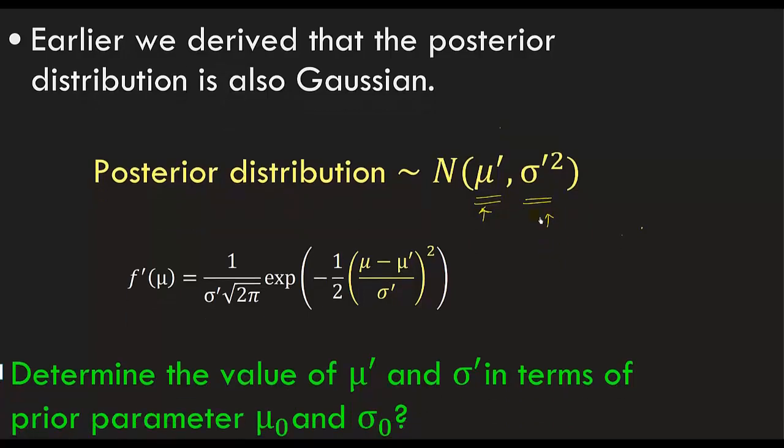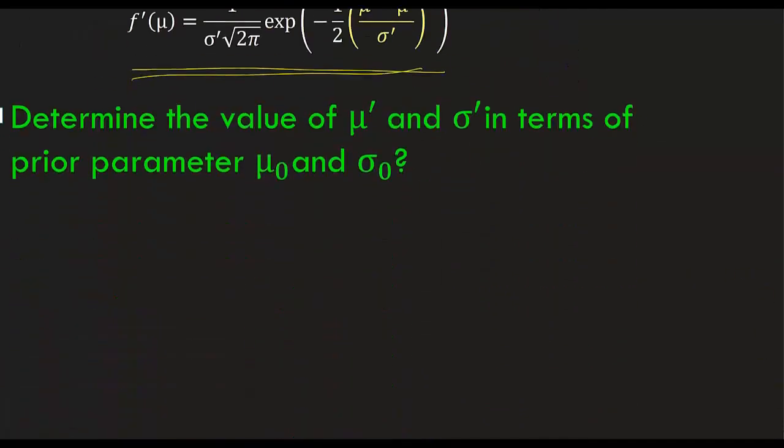So my mu follows a normal distribution, then I can write the PDF for mu like this. So now my question becomes simply calculation: we have to determine the value of mu dash and sigma dash in terms of the prior mean mu naught and prior variance sigma naught square.